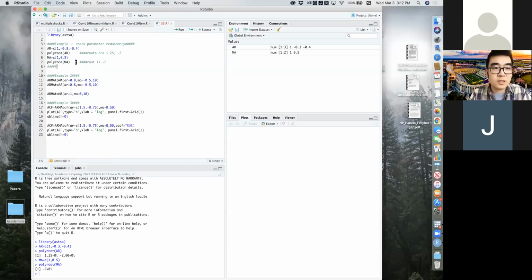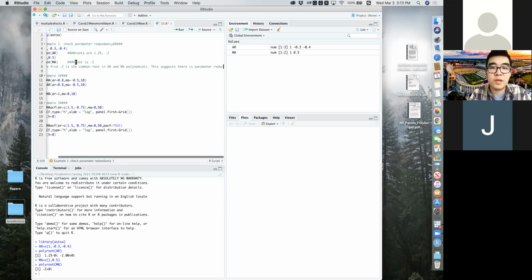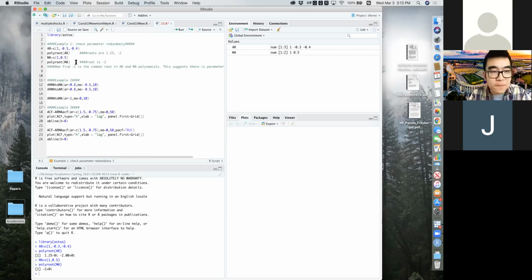So we find that -2 is the common root in the AR and MA polynomials. This suggests the parameter redundancy problem.